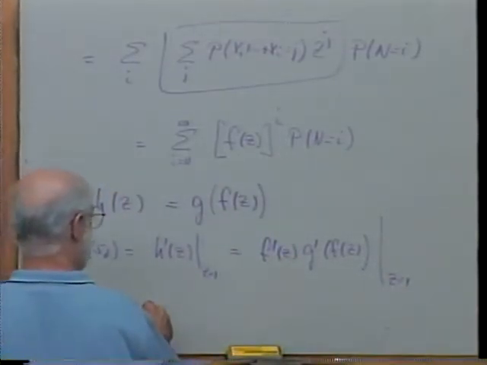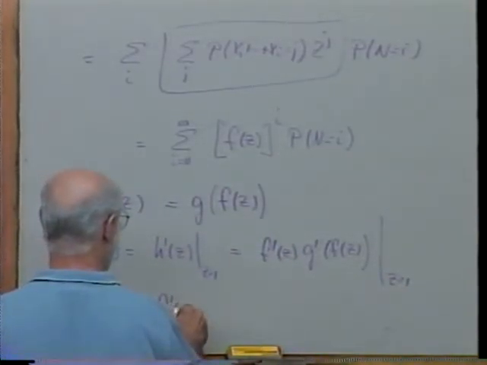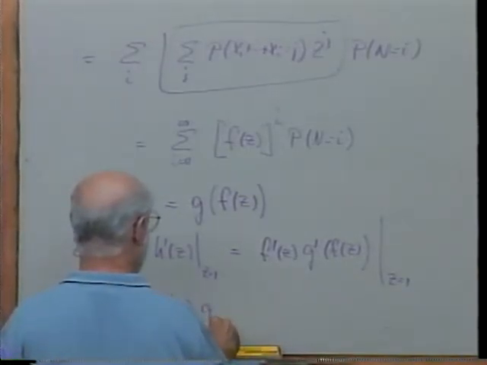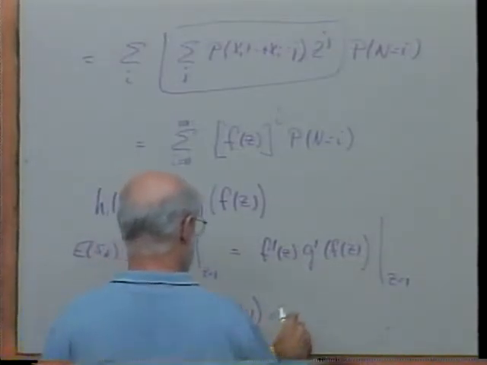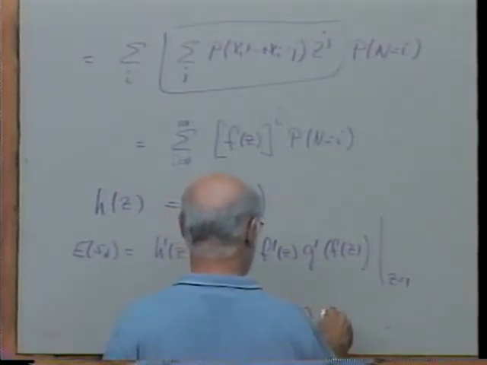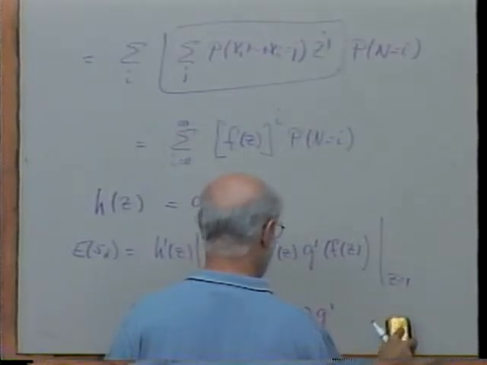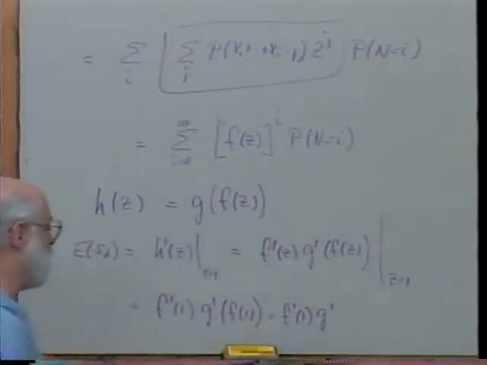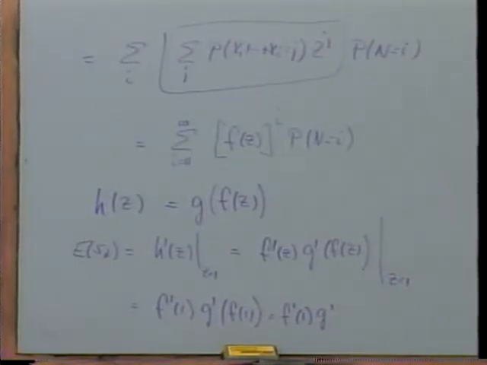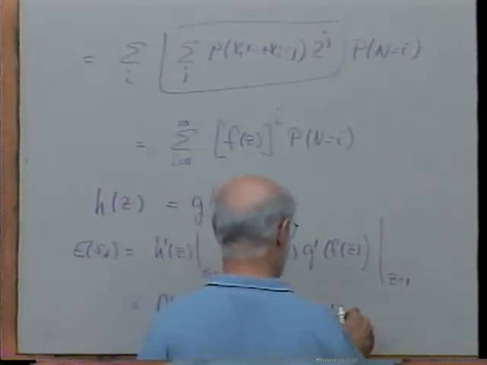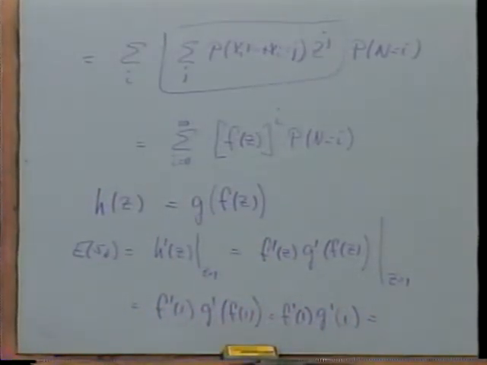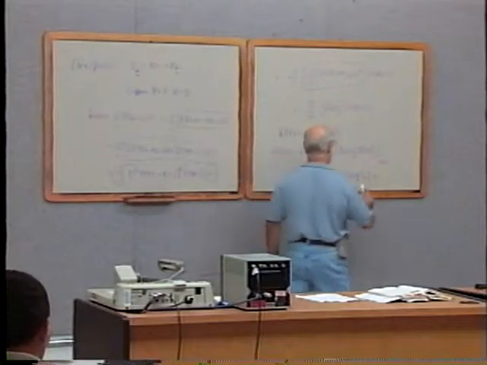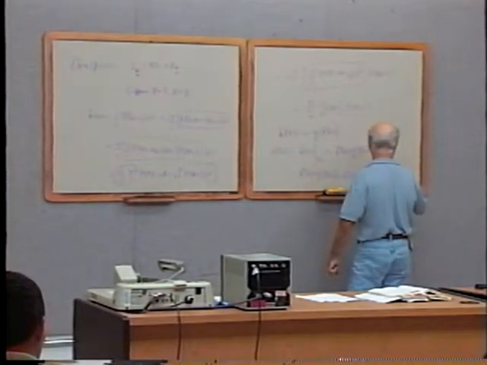So what does that give me? That gives me f prime of 1 times g prime of f of 1. Now what's f of 1? Well, f of 1 is 1, because any generating function evaluated at 1 is 1. That just says that the probabilities sum to 1. Now, since f is the generating function of x, that's the expected value of the x's.